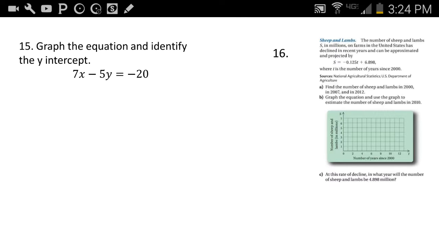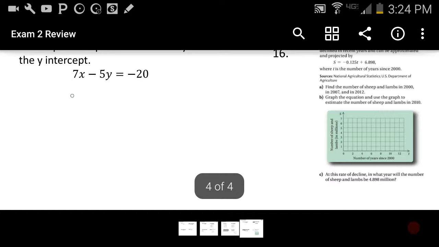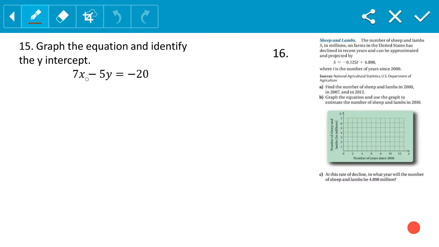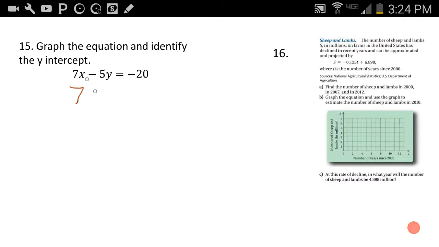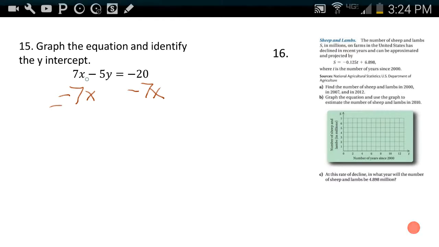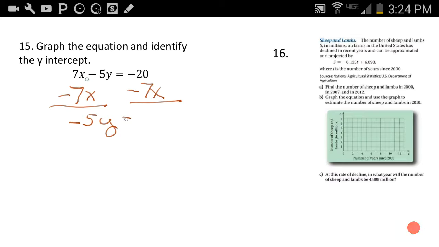So we are going to get the y term by itself, and so we're going to subtract 7x from both sides. So 7x, and so we get negative 5y equals negative 7x minus 20.